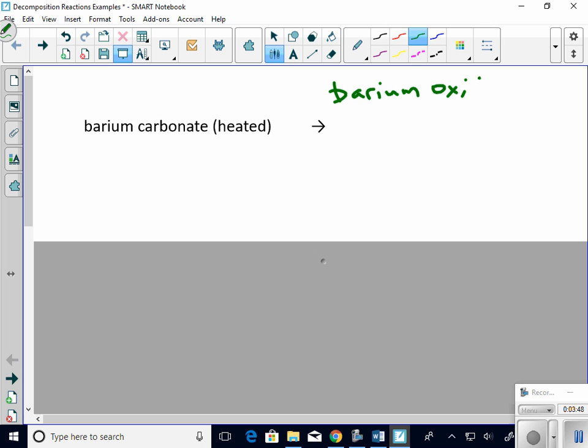I write it down because that tells me I need to make sure my charges match up with each other. When I'm writing the formula, what is barium? Ba. What's the charge of barium? +2. What about oxygen? O minus 2. So what's my formula for barium oxide? BaO.